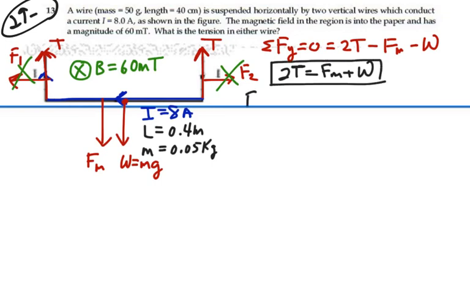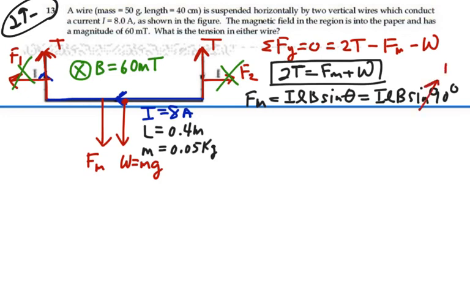Now the magnetic force is going to equal the current times the length times the magnetic field times the sine of the angle between the two. That is the current times the length, times the magnetic field, times the sine of 90 degrees, which is 1.